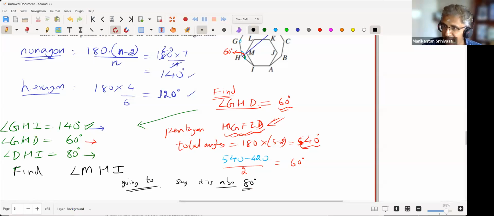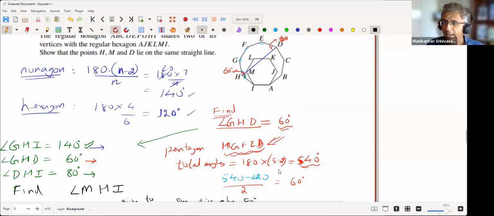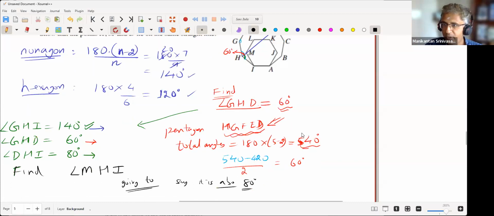If MHI is 80 and DHI is also 80, then D, H, and M lie on a straight line. That's how I'll conclude. But I've not proved MHI is 80 yet. You're with me, Nitya? All of you with me? Okay, that's where I'm headed.